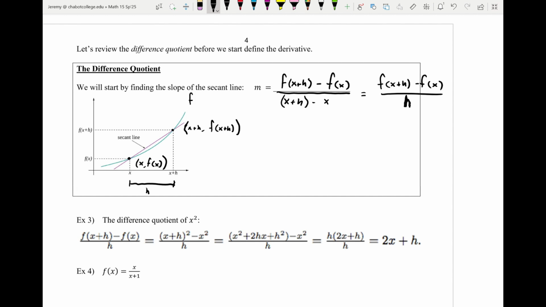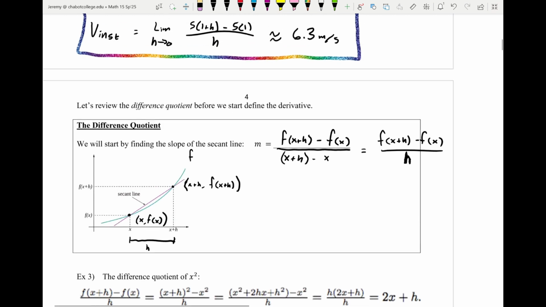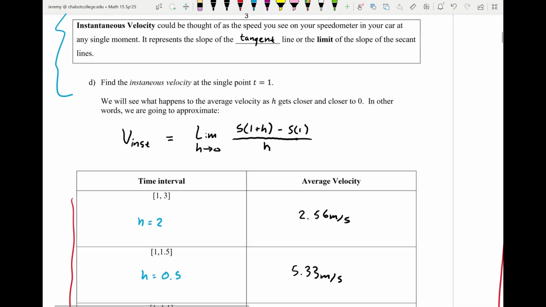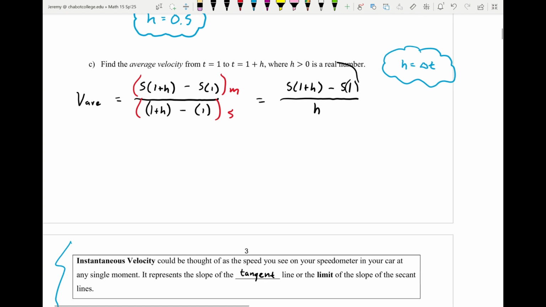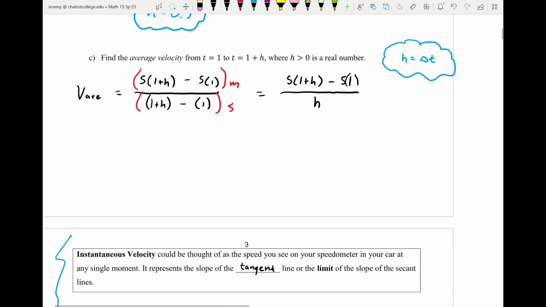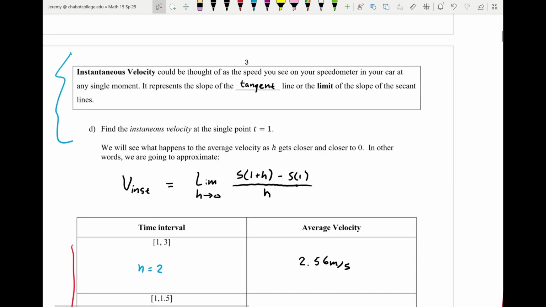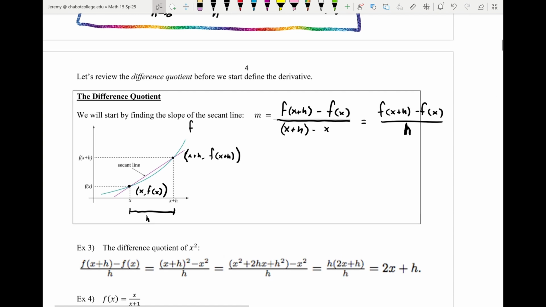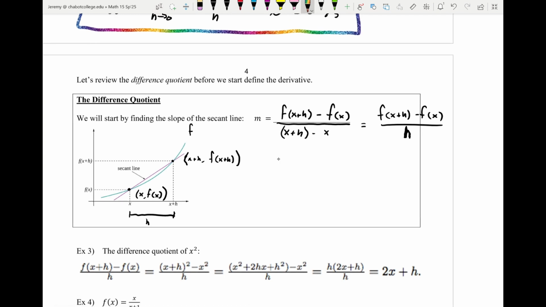Because the positive x and negative x in the denominator cancel out. So this is just a generalized form of that formula that we found in the last example in part C. Like we kind of already found this formula, but we're just generalizing it for any function f and for any x value x. So this is what we call the difference quotient.